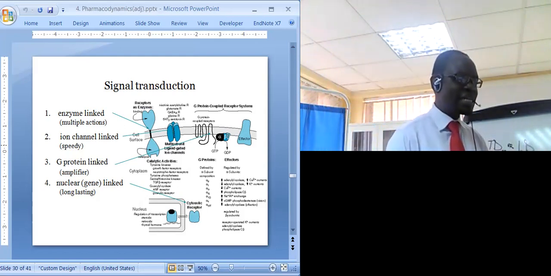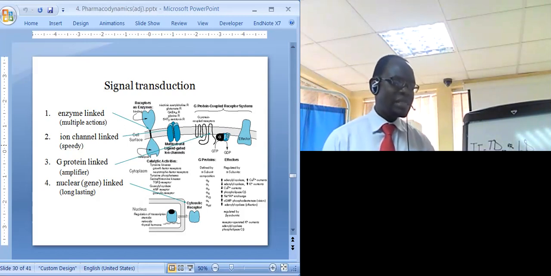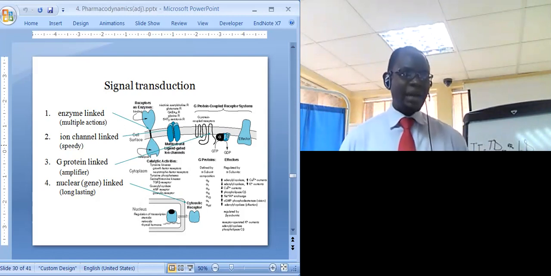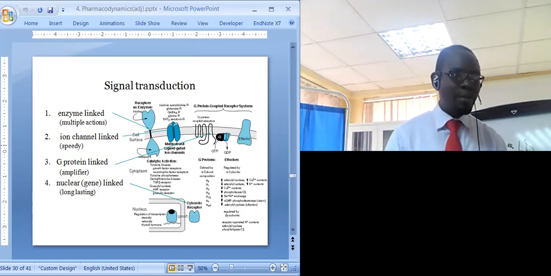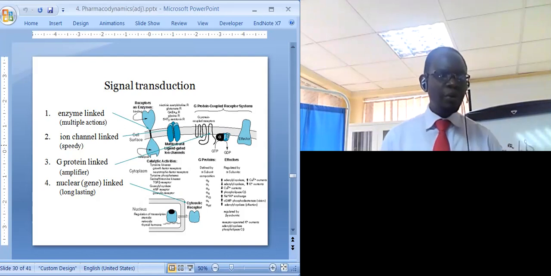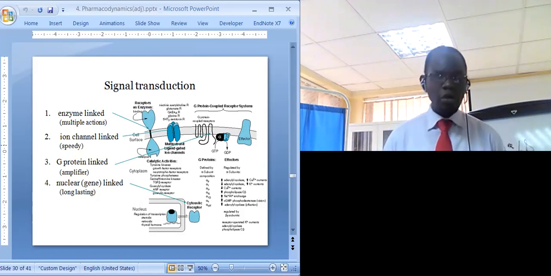As you can see in the diagram, the enzyme linked receptor has an enzyme on top, which causes modifications once the drug binds to the receptor. We have ion linked. You've heard about these ion channels, ion gated channels, so you're very well conversant with that.